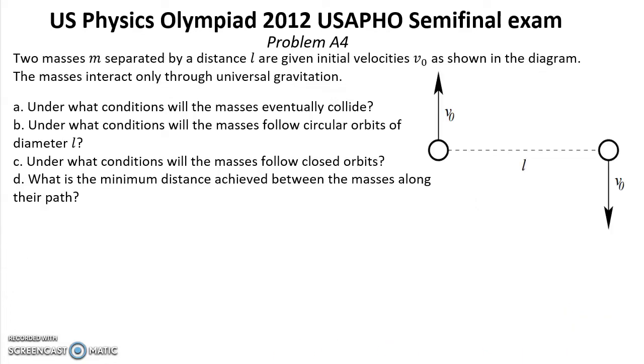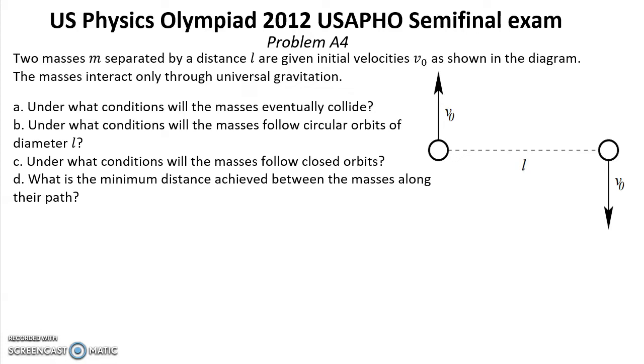US Physics Olympiad, year 2012, USAPhO semifinal exam, Problem A4. The solution for this problem you can find in the reference in the description below this video. Two masses M separated by a distance L are given initial velocity v0 as shown in the diagram. The masses interact only through universal gravitation.